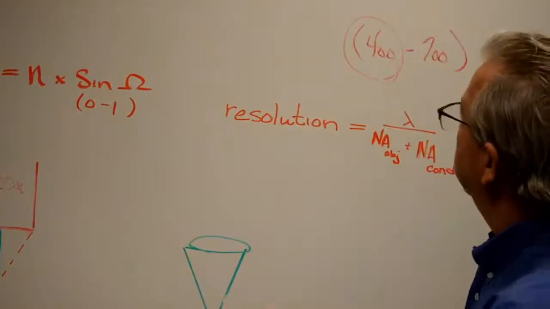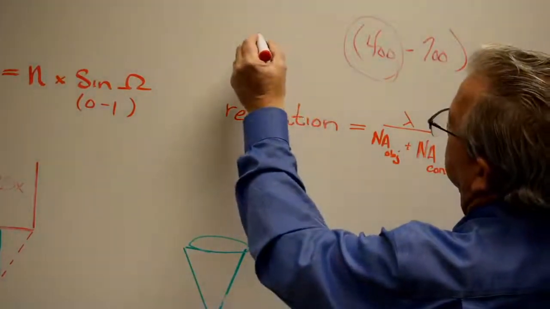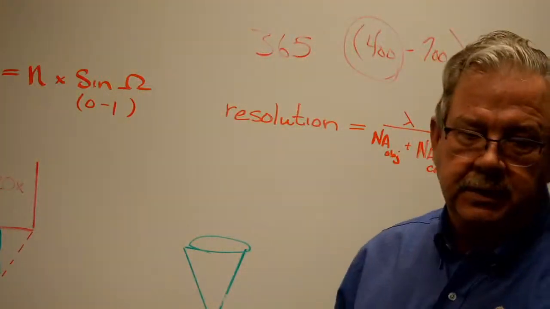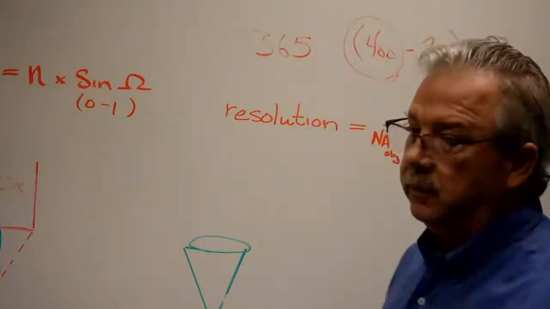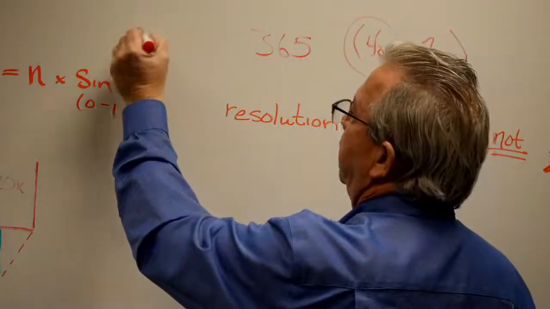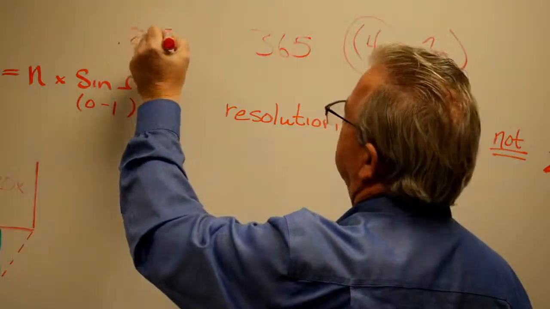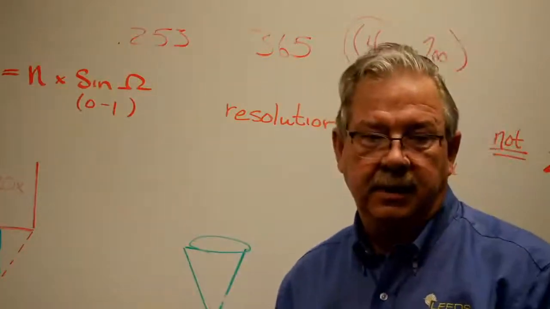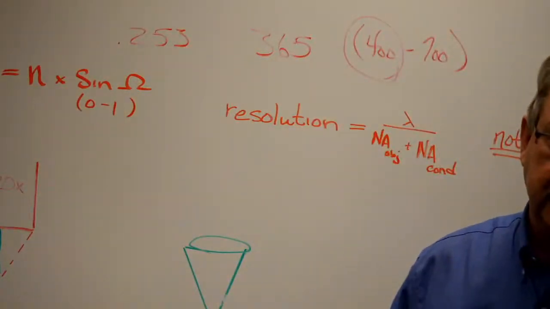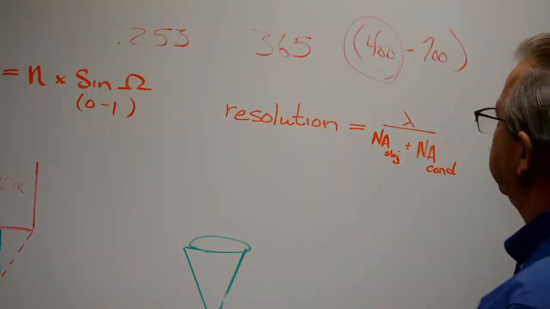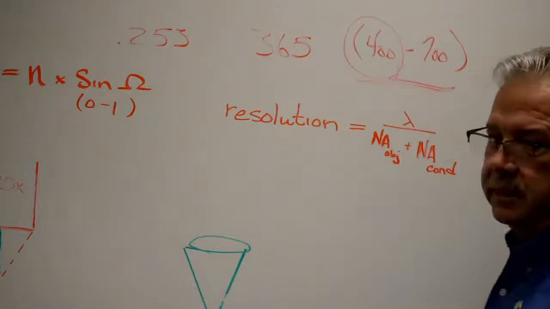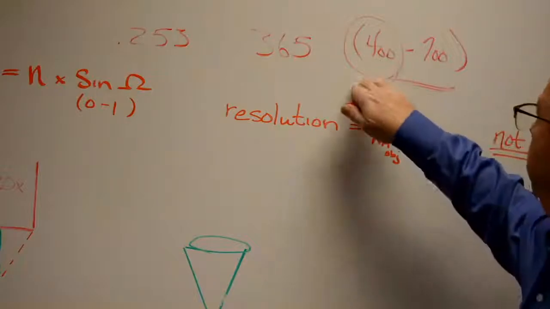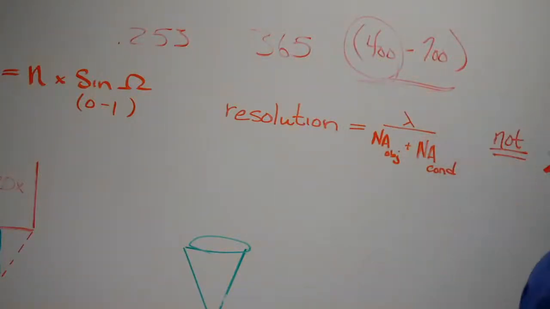In fact, in the semiconductor industry, they've got tools that are using 365, what's kind of that near UV, that black light that we're used to. I don't remember the other peak, but it's 253 or something of that nature. And they, in fact, are trying to design glasses that will go even shorter wavelengths. Okay? But for our practical purposes here, we're going to deal between 400 and 700 nanometers, and most of us want to see color images, so we're not going to mess too much with this part of the formula.